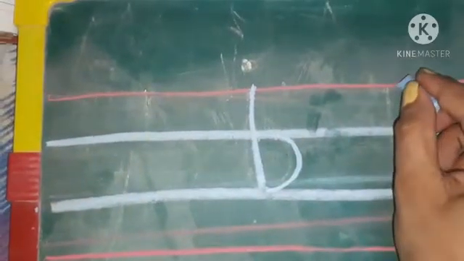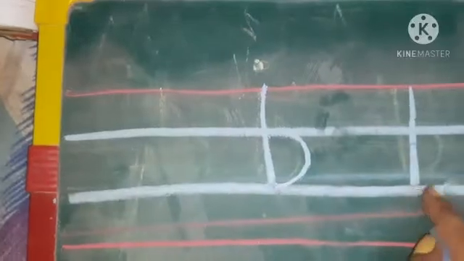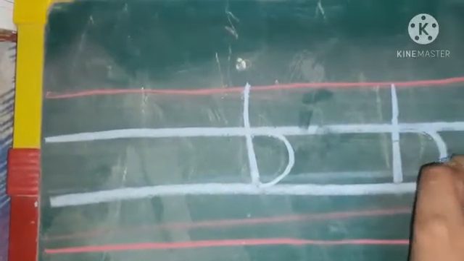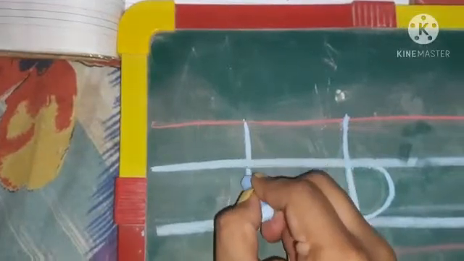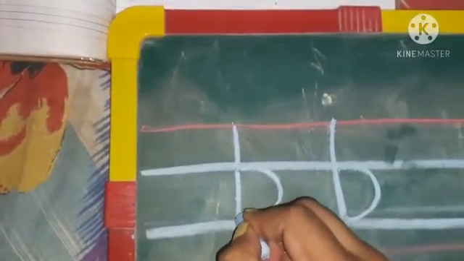Again a standing line till the third line. B for ball, standing line, then from the second line take a curve.